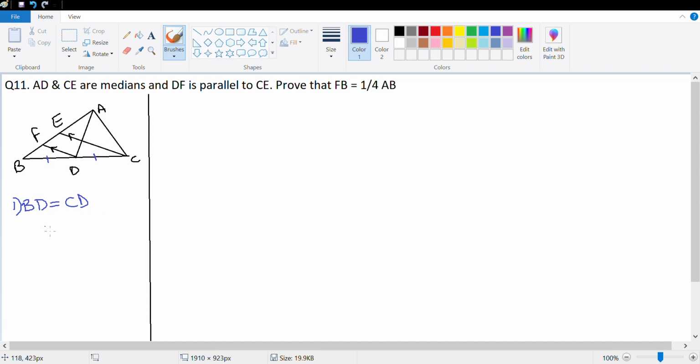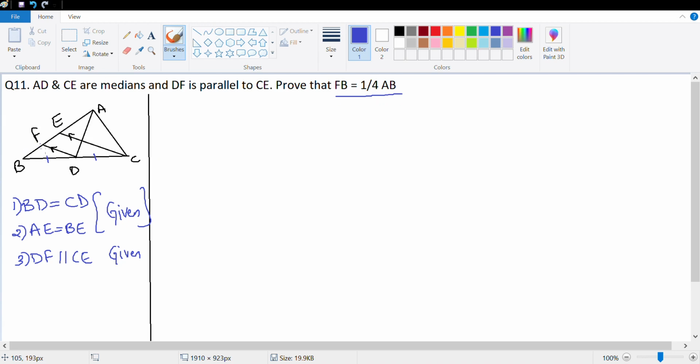And CE is also a median, which means AE is equal to BE. This is given. Next, DF is parallel to CE. This is also given. Now we need to prove that FB is equal to 1/4 of AB.